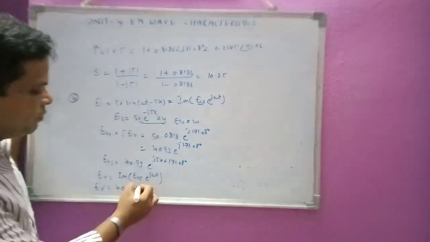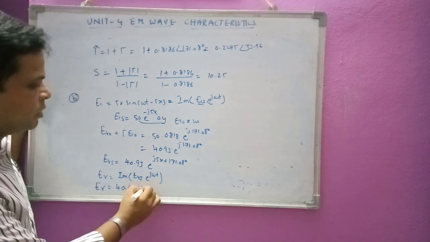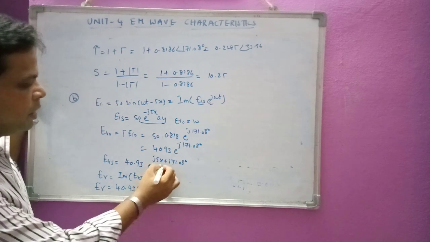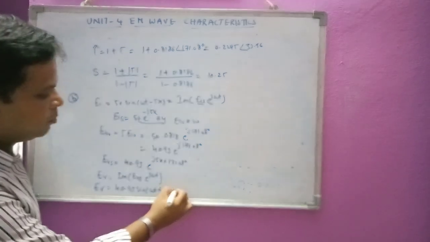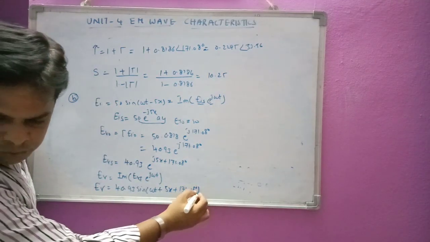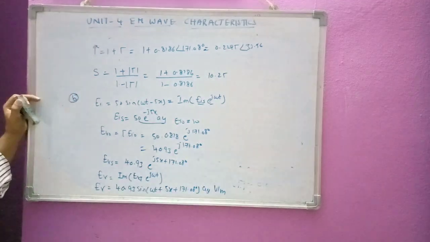That is, the imaginary part will be cos plus j sin, means I will get sin of omega t plus phi x plus 171.08 degrees into ay volts per meter. So this will be the value here.